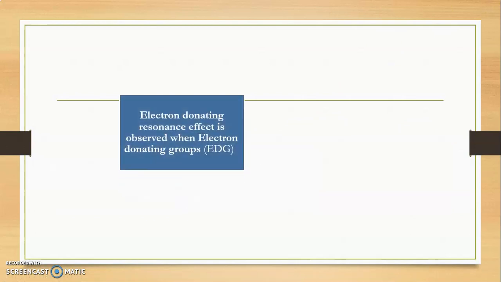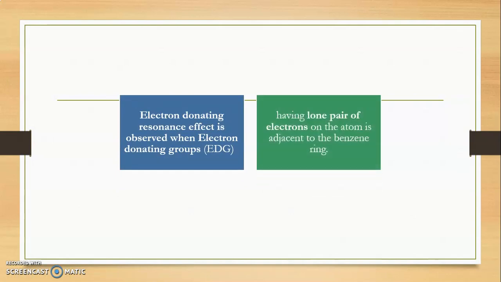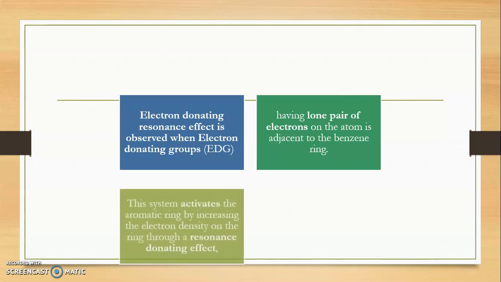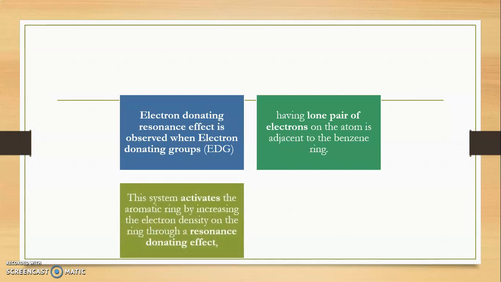Now electron donating resonance effect is observed when electron donating group having lone pair of electrons on the atom is adjacent to the benzene ring. Means this effect, that is the donating effect, is observed when the atom that is having lone pair of electron is adjacent to the benzene ring, while this system activates the aromatic ring by increasing the electron density on the ring through the resonance donating effect.